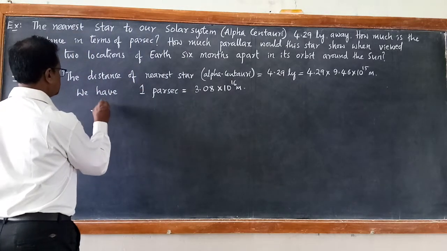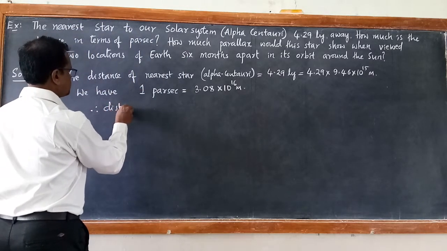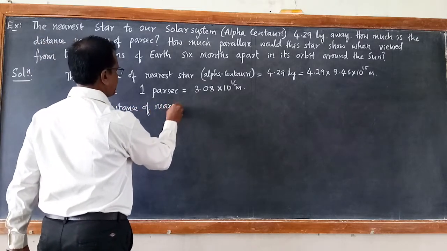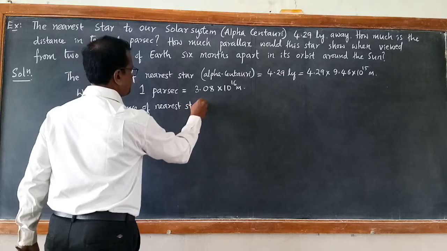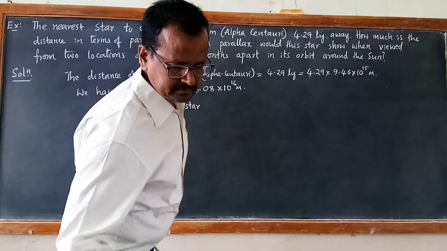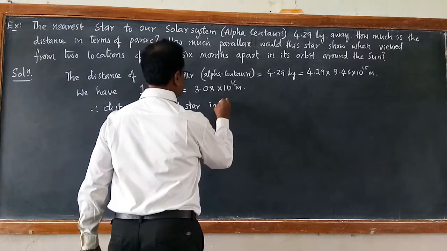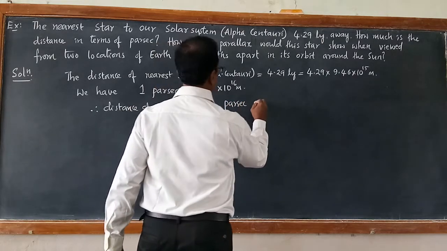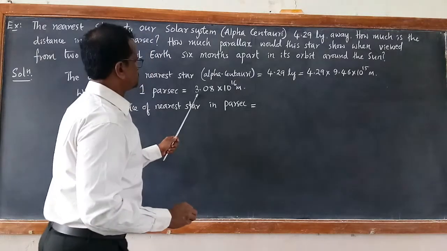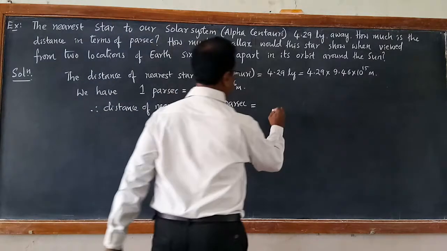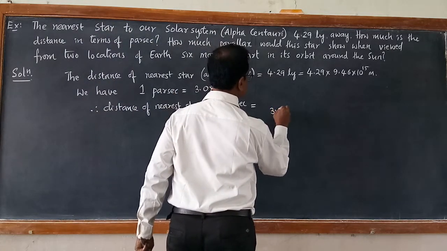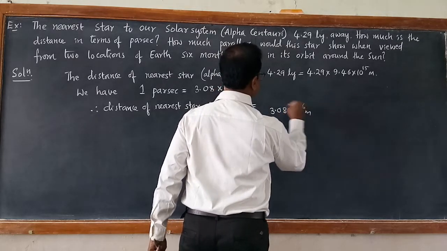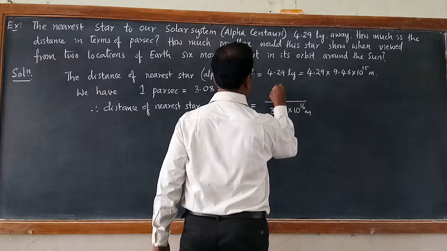Therefore, distance of nearest star measured in parsec is equal to: 3.08 into 10 to the power of 16 meter is equal to 1 parsec.